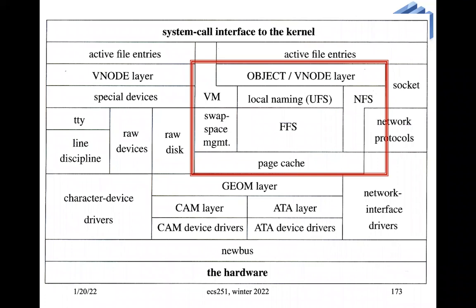In fact, after you learned about vNode, you will realize that you could actually add even more layers of abstraction into your file system. You introduce a flexibility that you can introduce new services.